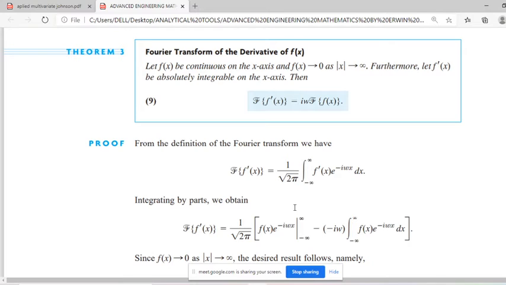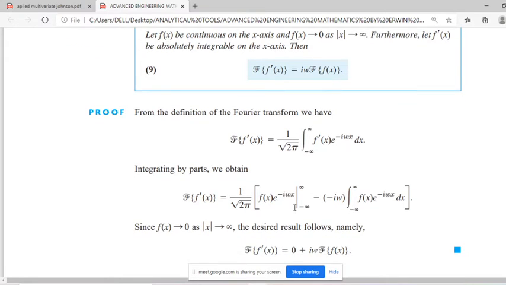We can see that F of f dash of x equals 1 by root 2 pi integral from minus infinity to infinity of f dash of x e raised to minus i w x dx. So we can integrate by the method of integration by parts, where the first function is e raised to minus i w x, and the second function is f dash of x.